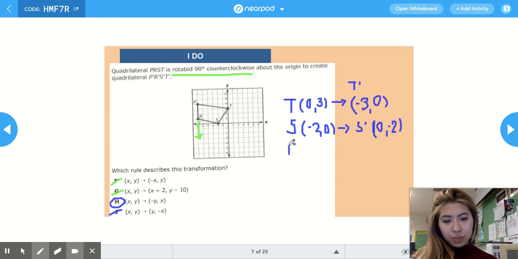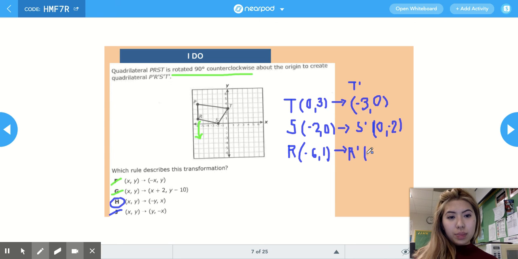Then for R, we have (negative 6, 1). So according to the rule, it would be (negative 1, negative 6).